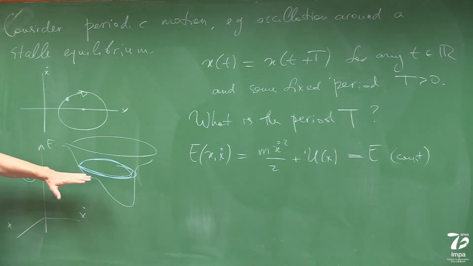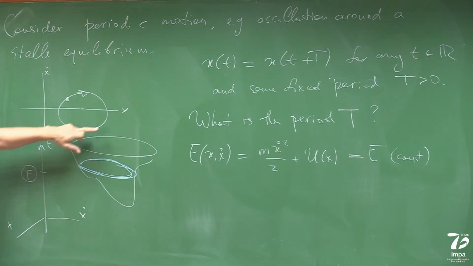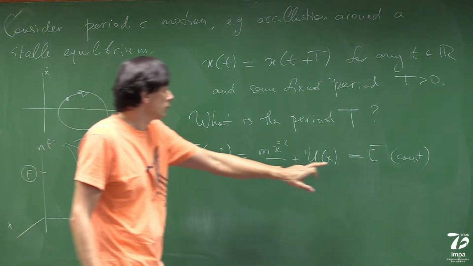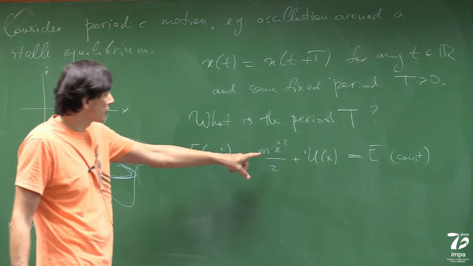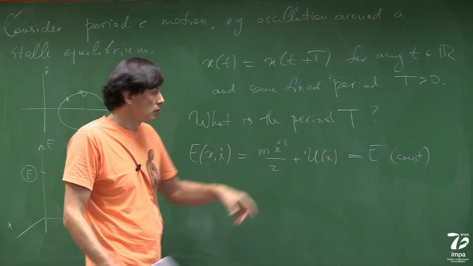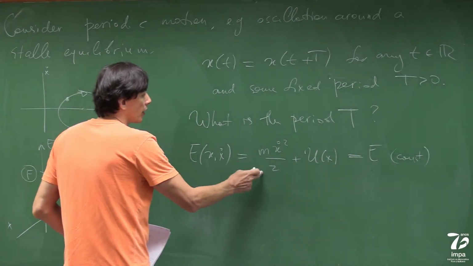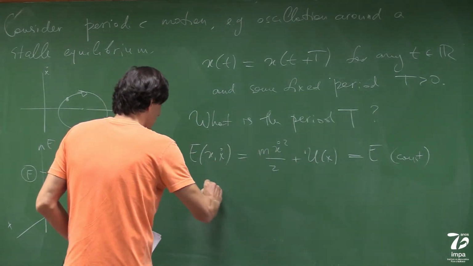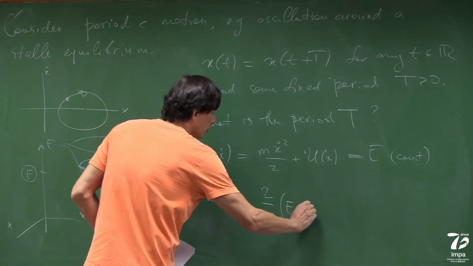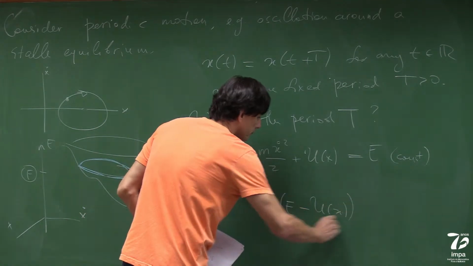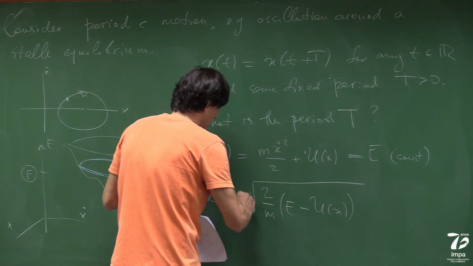So constant energy defines this curve. Whenever we have a curve, we know that energy is constant. So given this value, we can express velocity from this expression. Remember, you put u on the other side, multiply by 2 over m, and take the square root. So it will be the square root of 2 over m times (E minus u of x). And this is a square, so we take the root, and the sign is arbitrary.